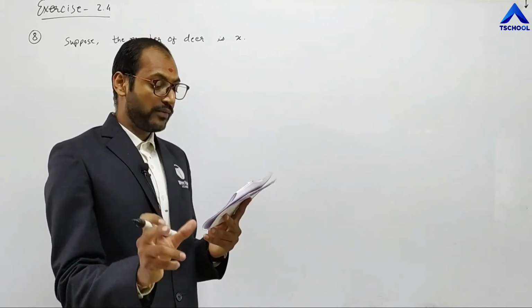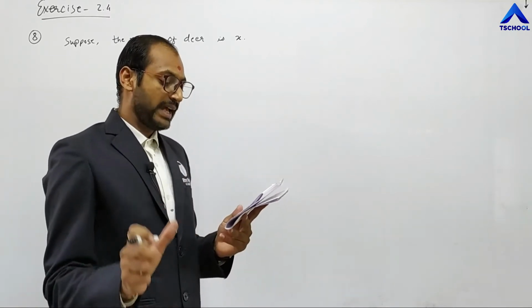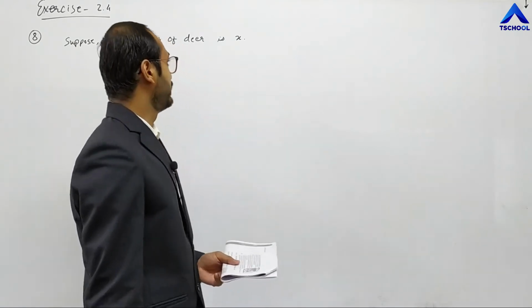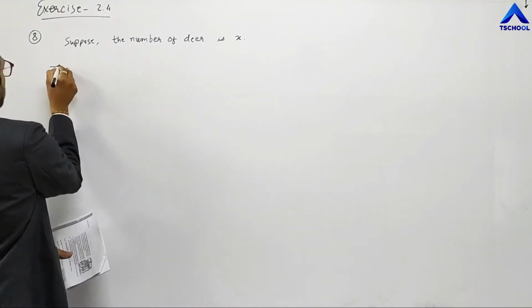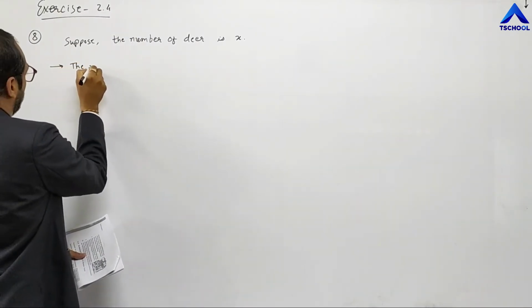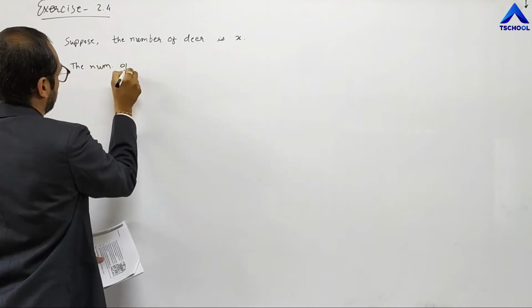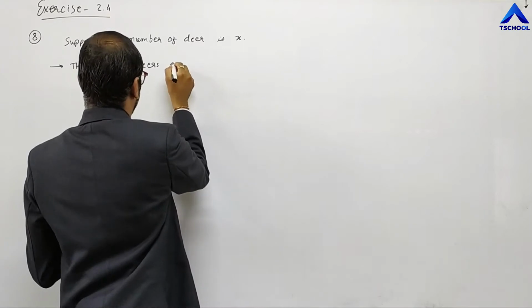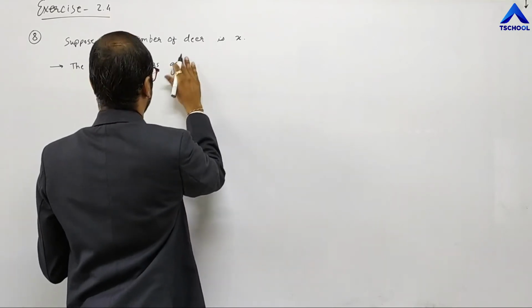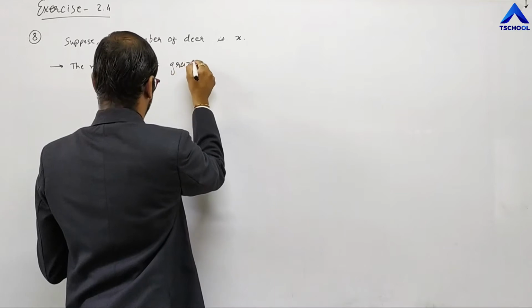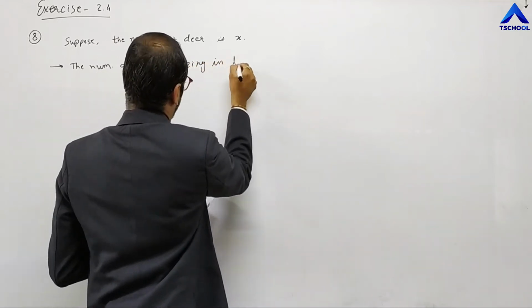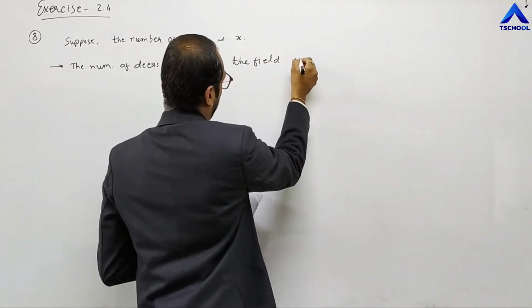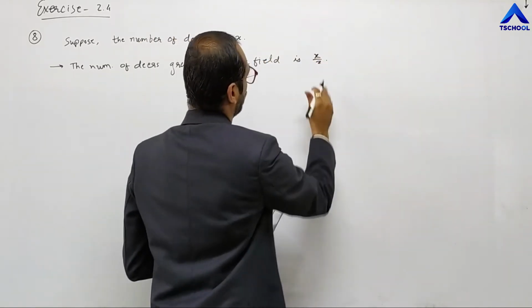First sentence is half of a herd of deer are grazing in the field. That means the number of deer grazing is x by 2.